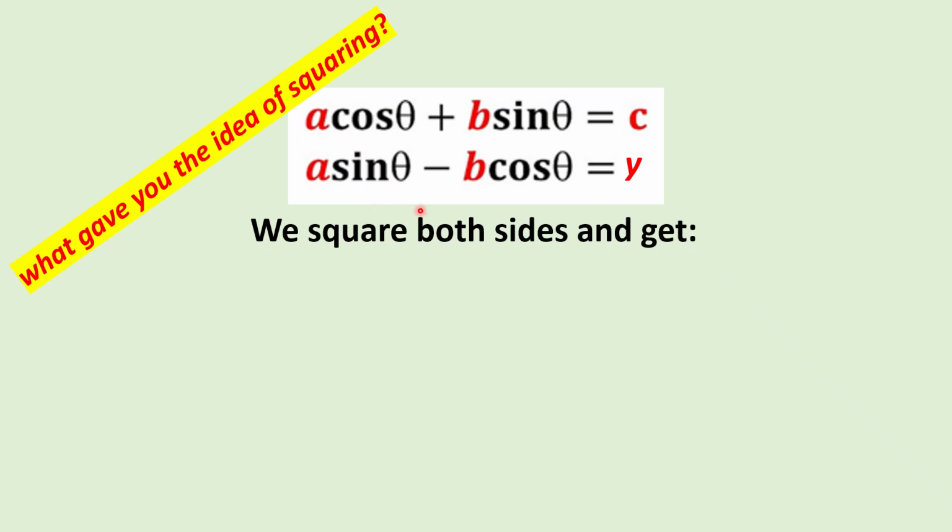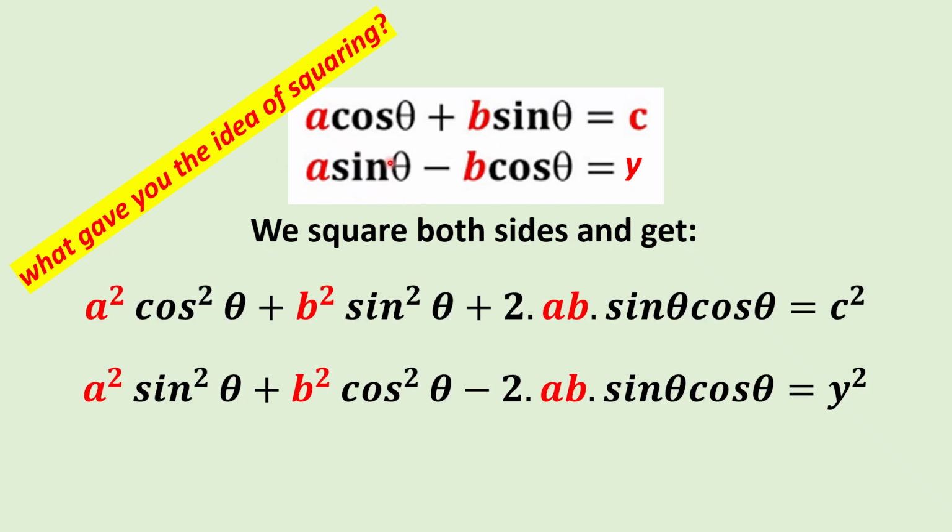So squaring both sides, the first one in accordance with a plus b whole square: a square cos square theta plus b square sin square theta plus 2ab sin theta cos theta, that will be equal to c square. And the second line we square in accordance with a minus b whole square: a square sin square theta plus b square cos square theta minus 2ab sin theta cos theta is equal to y square.